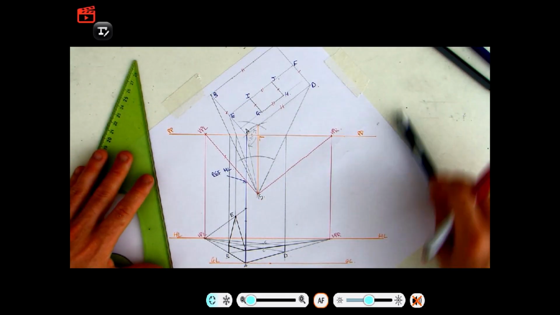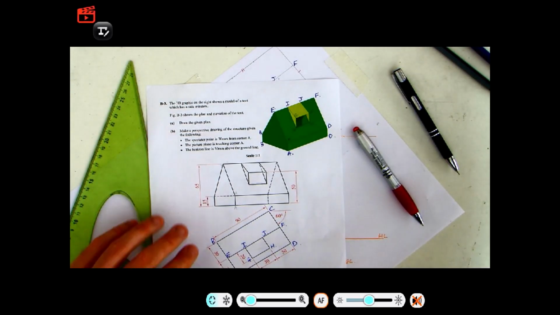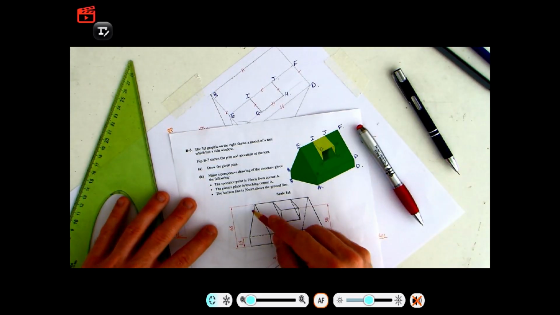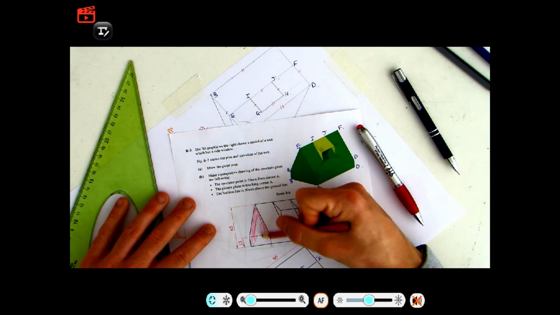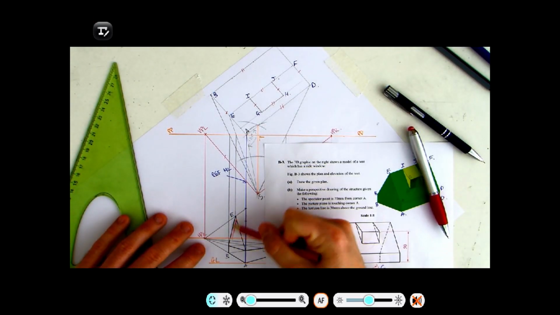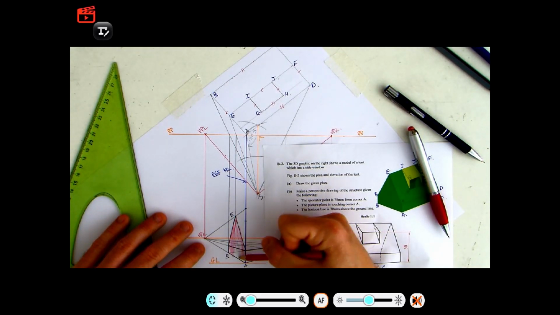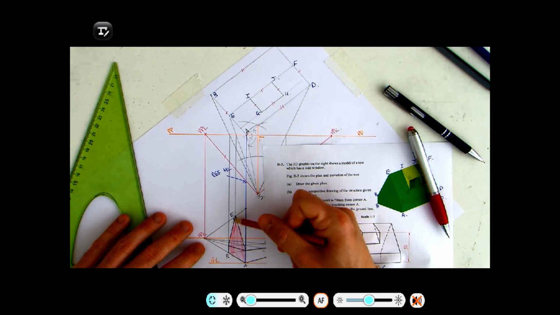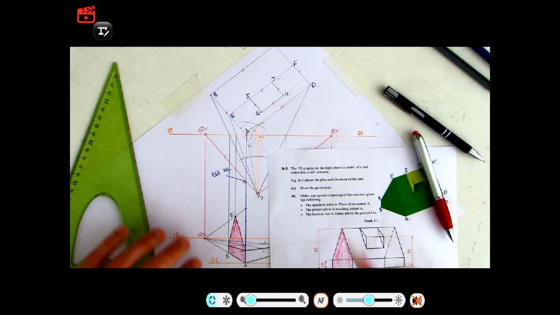Okay, and again, if I wanted to picture this a little better, this could be my red gable end here. I now have my red gable end there. Again, the colours all help with visualization. They're not to make it look good, they're just to help visualize it and make it stand out and show the examiner, or whoever's correcting it, that you understand this fully.